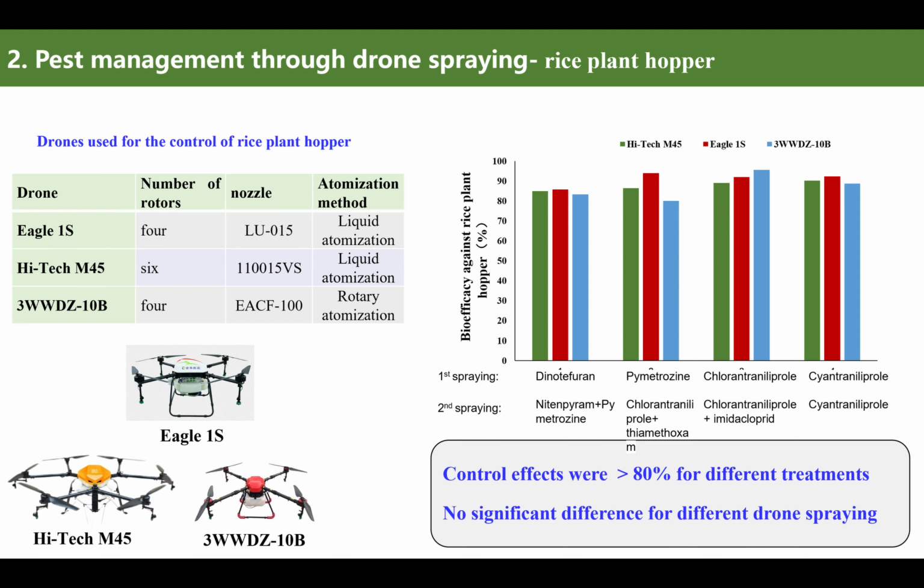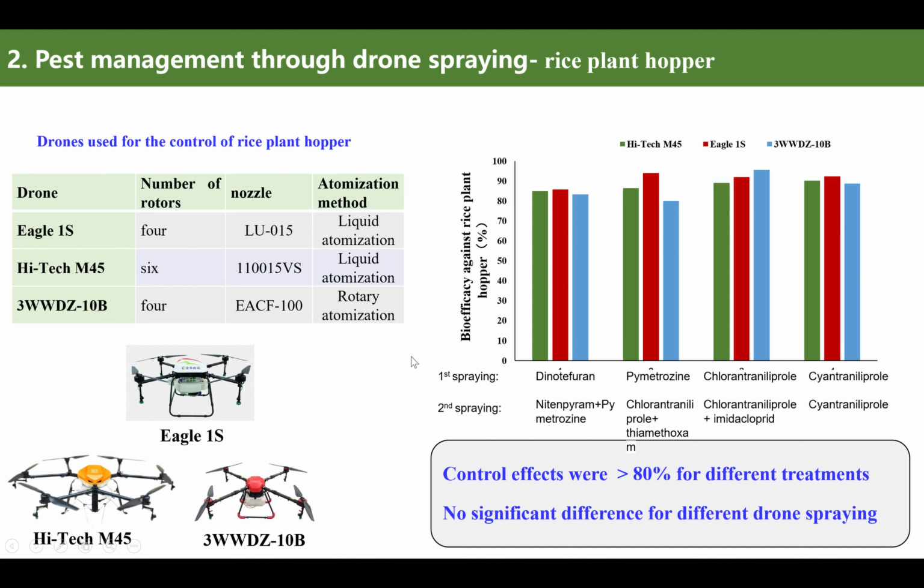This is the control of rice planthopper. In this test, we used 3 kinds of drones. This table is the information of the drones, including the nozzle and automation method.